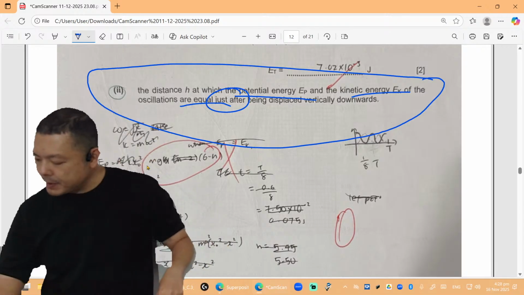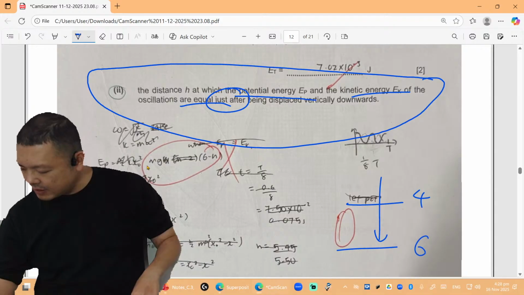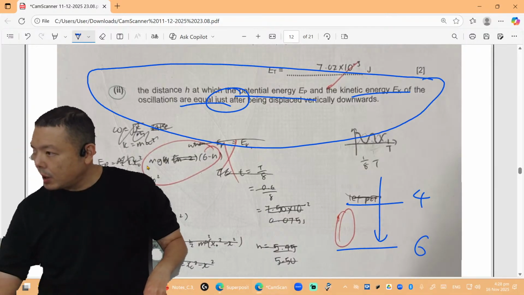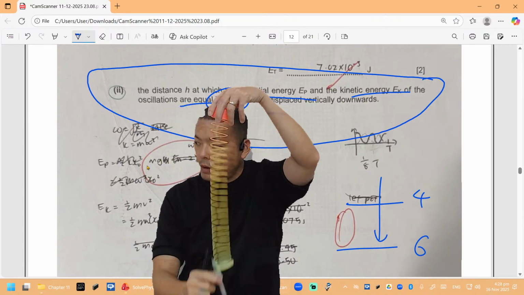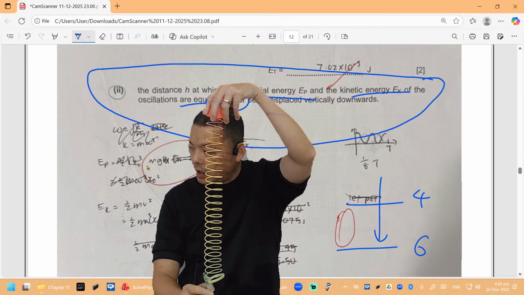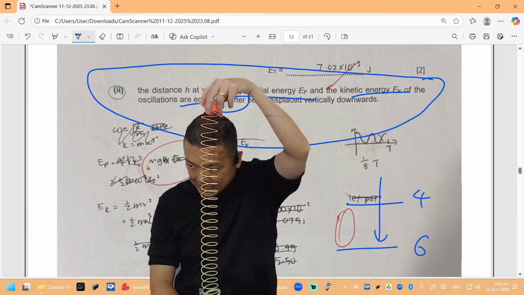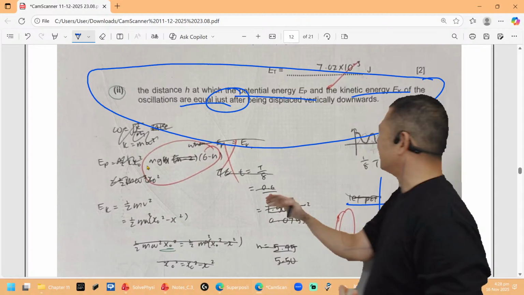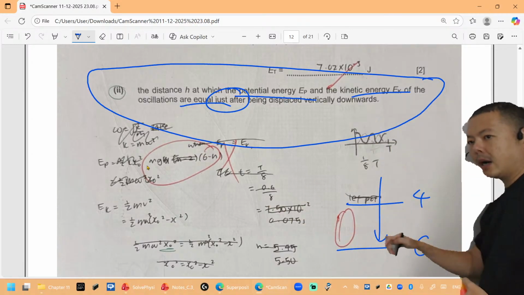What's your equilibrium position? 4. Where do you push it down to? 6. So when you let go of the object, where does it go first? It goes upwards. And the point where the KE and EP are equal is somewhere here, which is the 5.4 mark.